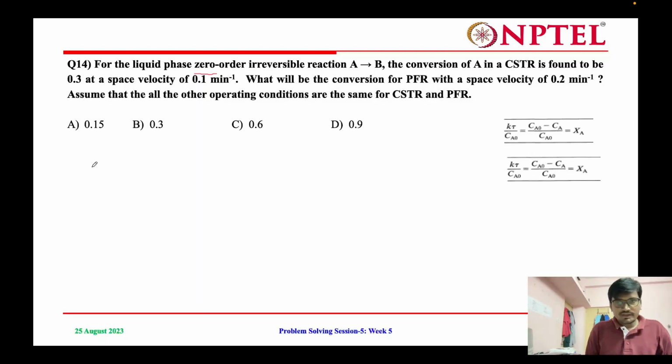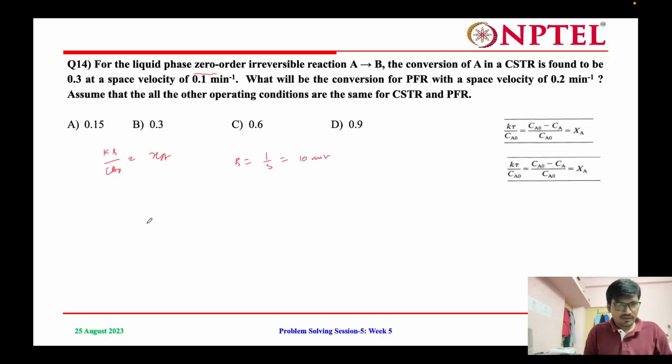So first we solve using the CSTR performance equation: k tau divided by C naught equal to XA. XA is given as 0.3 and the space velocity is given as 0.1, so tau is equal to 1 by S, which is 10 minutes.